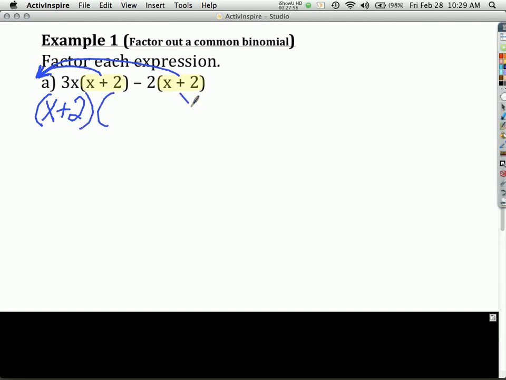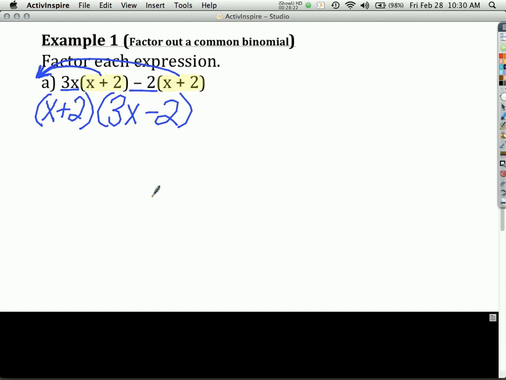And then what do we put next to it? We've done this before in a slightly different form. Dalton? Yeah, whatever's left. Whatever's left over will go over here. We have the 3x and we have the minus 2 left, so we do 3x minus 2.